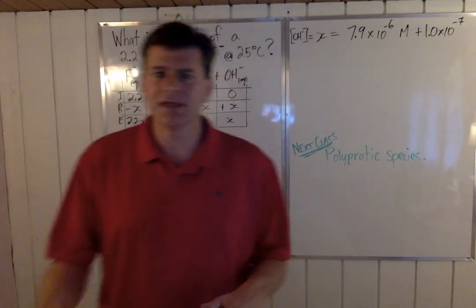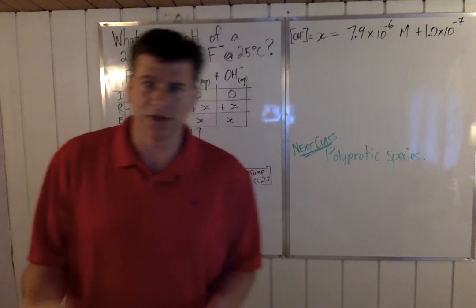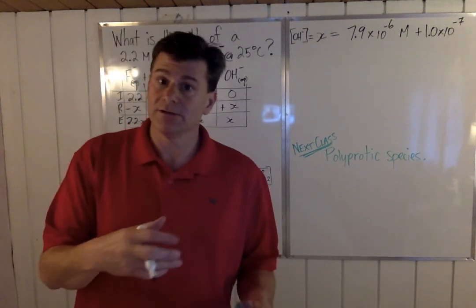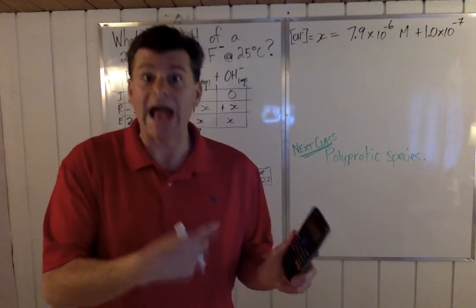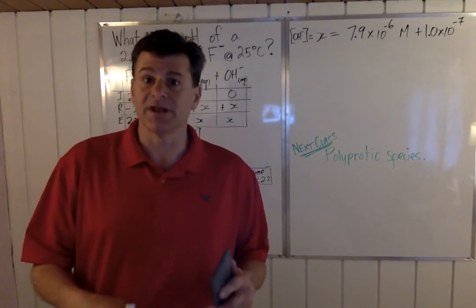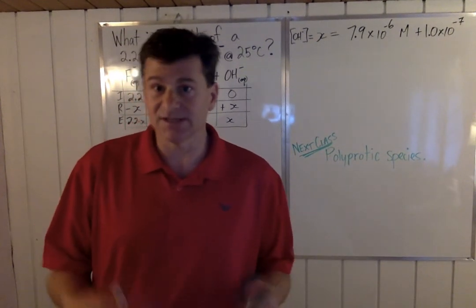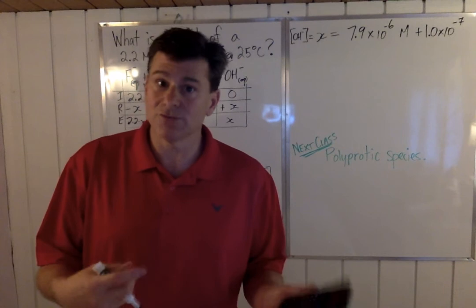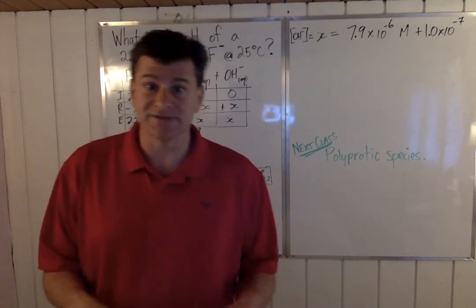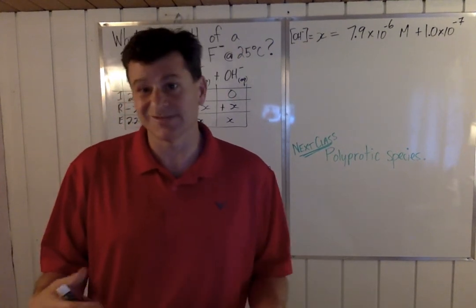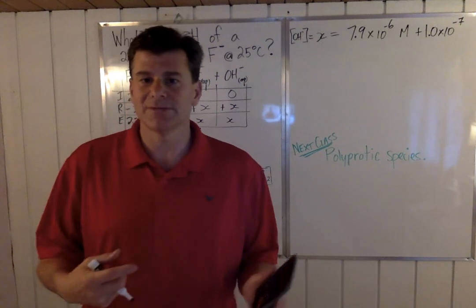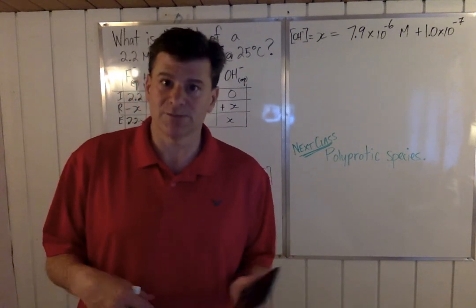So if you get something like 10 to the negative 6 on your molarity, then just try it, add 1 times 10 to the negative 7, and see if it changes it, say from 7.9 times 10 to the negative 6 up to 8.0 times 10 to the negative 6. Then you're supposed to be including it.